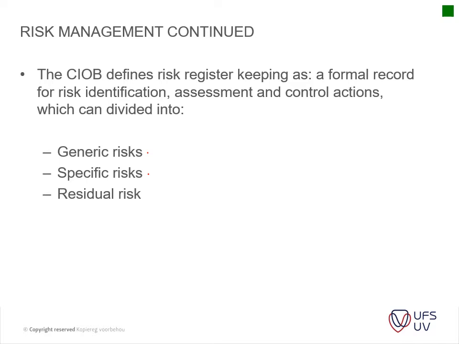And then you have residual risks, the one that I spoke of in the previous slides, which is the remaining risks despite the control measures. Those risks that you can't do anything about, or can do fairly little about, and just mitigate. For instance, putting on PPE, which is your last resort for reducing risks.